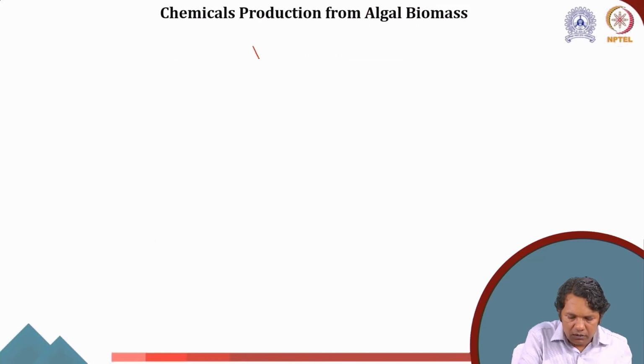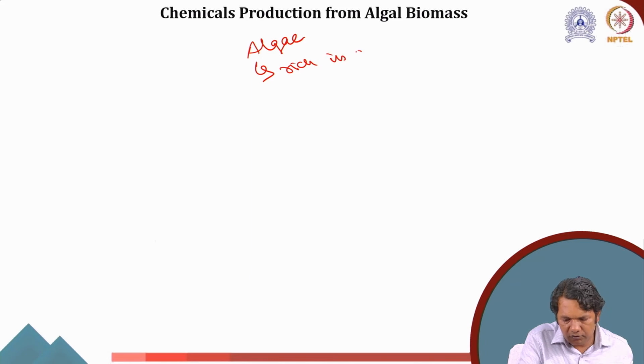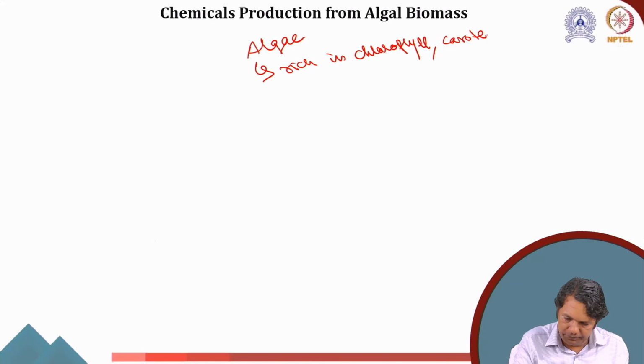Now let's discuss pigments. Algae are usually rich in chlorophyll, carotenoids, and phycobiliproteins.